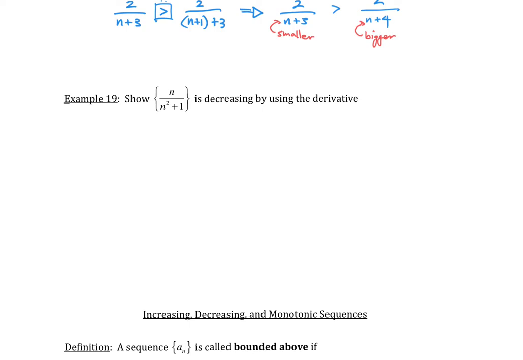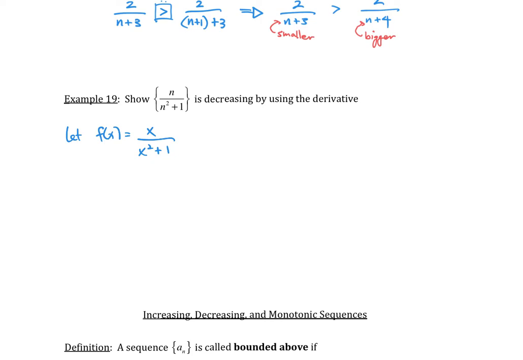So what we want to do for example 19 is create a function that's going to agree with our sequence for the different integers that we plug in. And the way that we do that is we are going to let f(x) be equal to x over x squared plus 1.